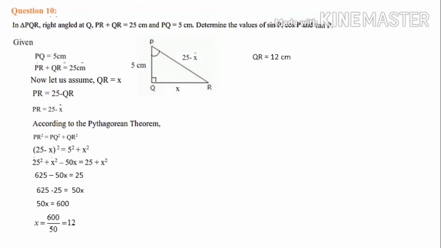Then QR is equal to 12 centimeter. QR only we have taken before as x centimeter. Now we have got x value as 12. So QR is equal to 12 centimeter. Then PR is equal to 25 minus 12 centimeter. Here 25 minus 12, that is equal to 13 centimeter.